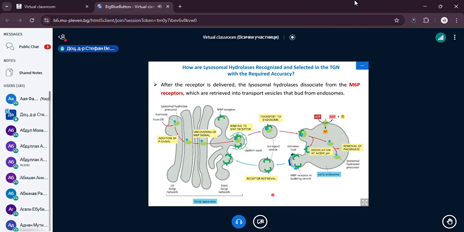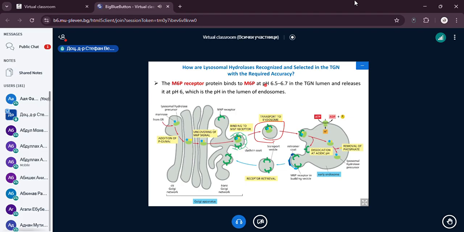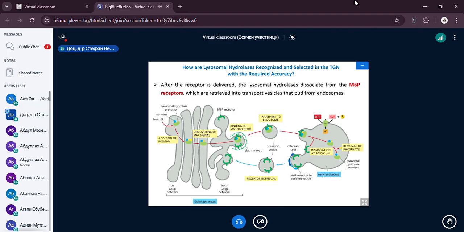They contain inactive lysosomal enzymes. Here, in the primary lysosome, the pH is high. The pH is between 6.5 and 6.7. At this pH, the enzymes tend to be tightly attached to the receptor and also rendered inactive.